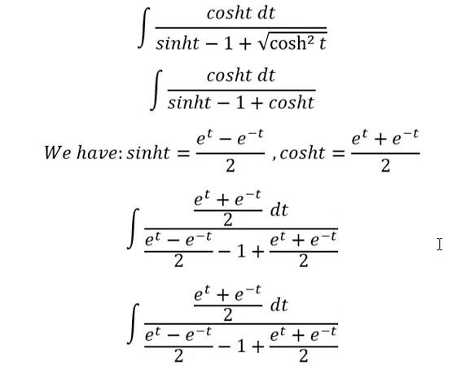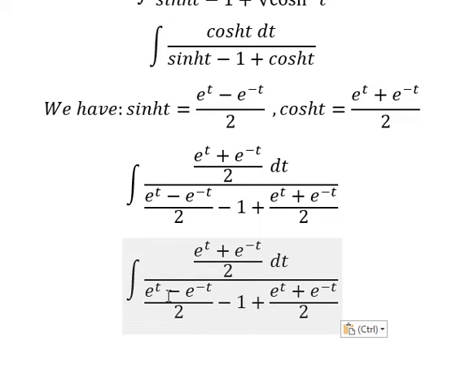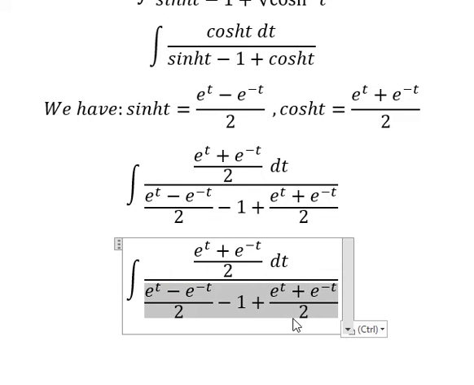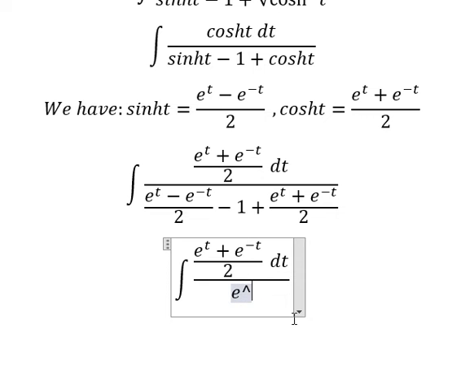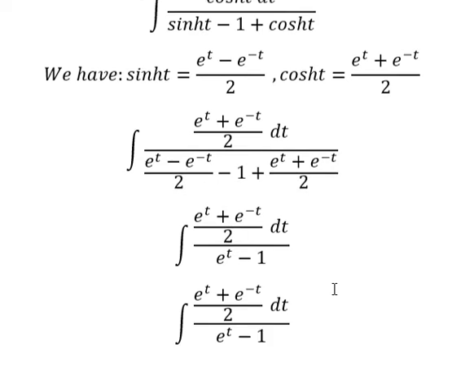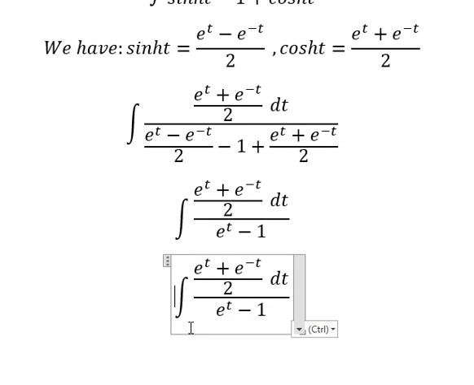Now we need to simplify, and this one we have e to the power of t minus 1. Next, I will put the number 2 outside.